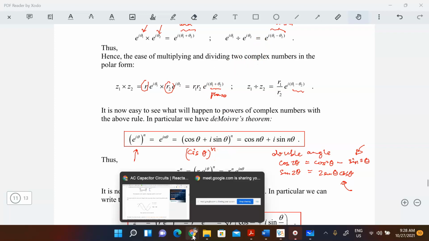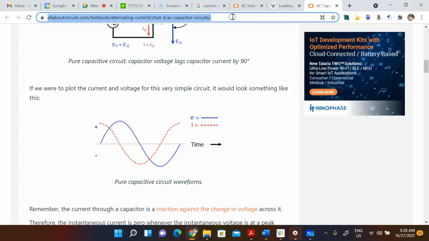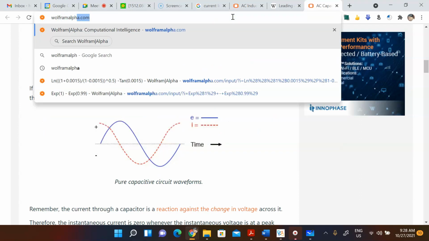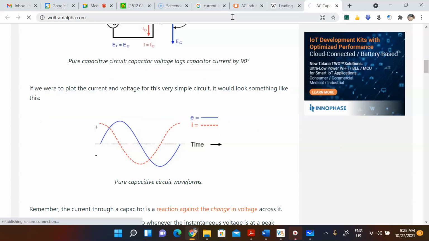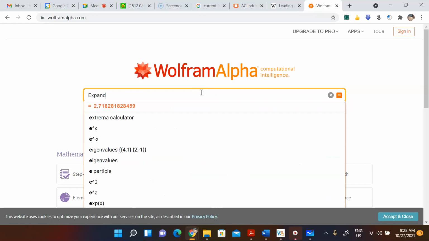For example, let me go to Wolfram Alpha. Again, these are just tools that can help you do things. So let's suppose I want to do this. Let's do a simple one first. Are you seeing this?